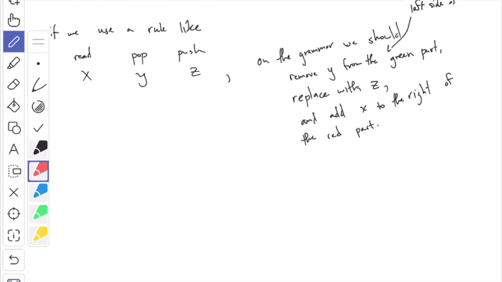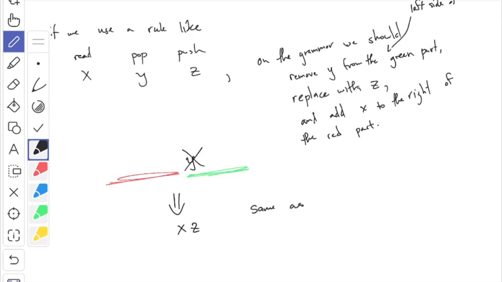What that means is, we had a Y here, and the effect of this step is we kill this Y, we stick a new X here, and we replace the Y with a Z. As a grammar step, it looks like Y is being substituted with XZ. And that's why this trick works. This is a long explanation just to explain why this is the same as a grammar step: Y goes to XZ, which is the whole basis for this trick, for translating a stack machine.